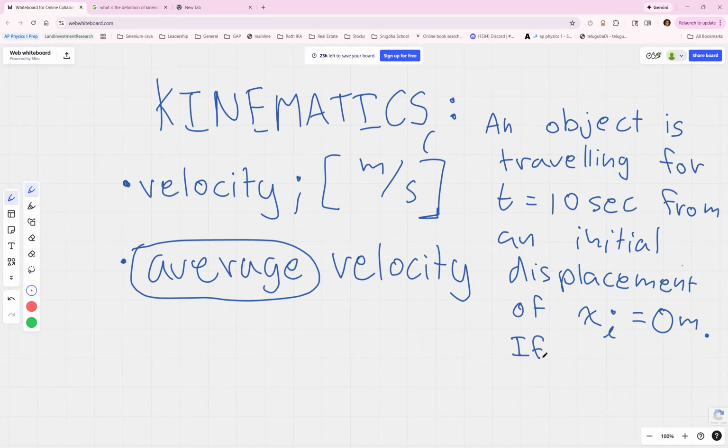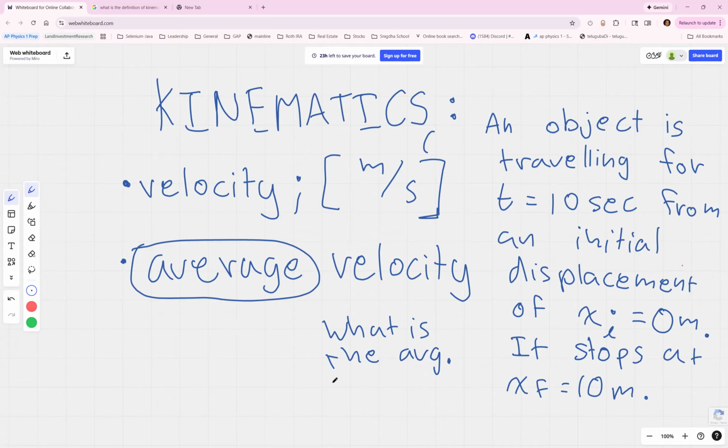It stops at xf is equal to 10 meters. What is the average velocity of this motion?